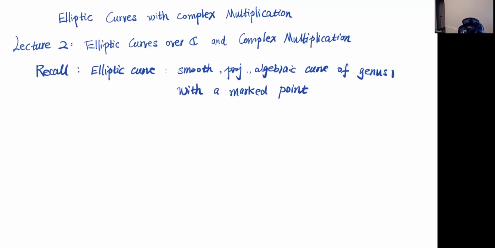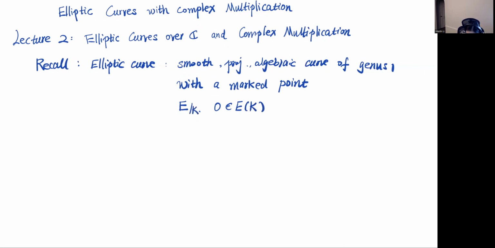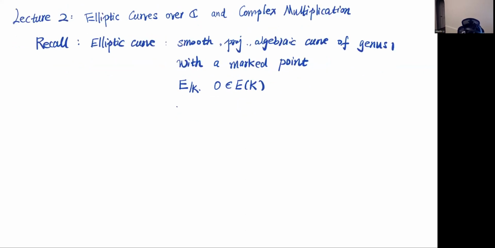We usually denote the curve as E and the marked point as O, which would usually be a rational point of E, whichever field E is defined over. And moreover, we discussed that for any field extension L over K, the set of L points on E forms an abelian group.